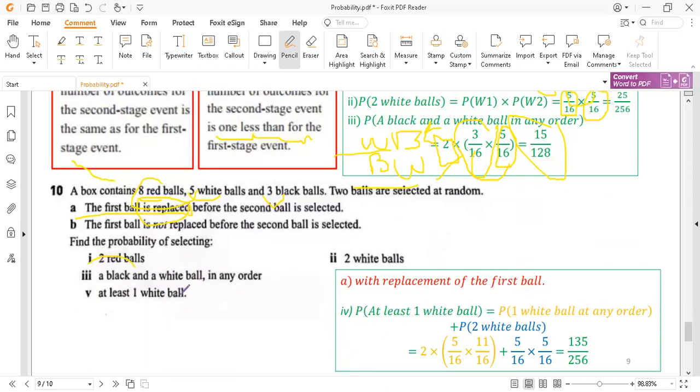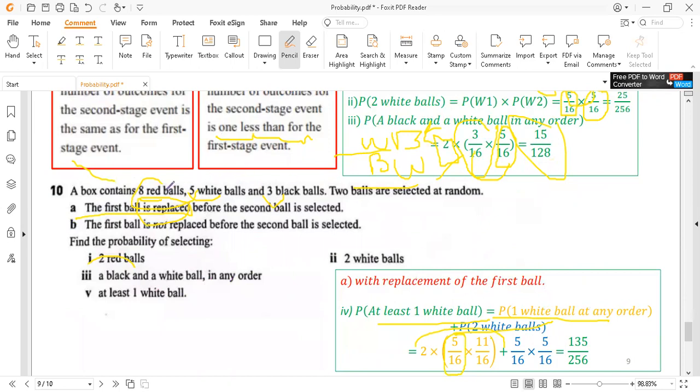At least 1 white ball. So we have 1 white ball or 2 white balls. If we have a white ball in any order, we should know that if in the first stage we obtain a white ball, then in the second stage we want a ball which is not white.